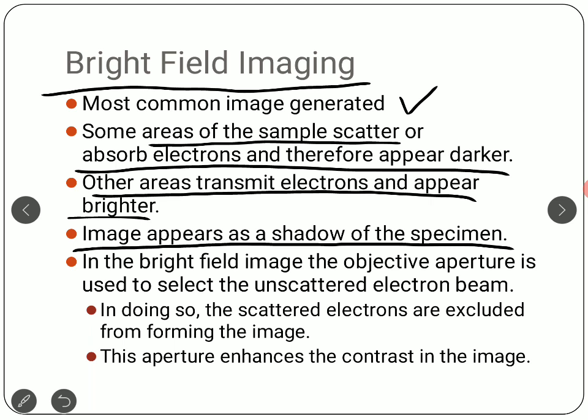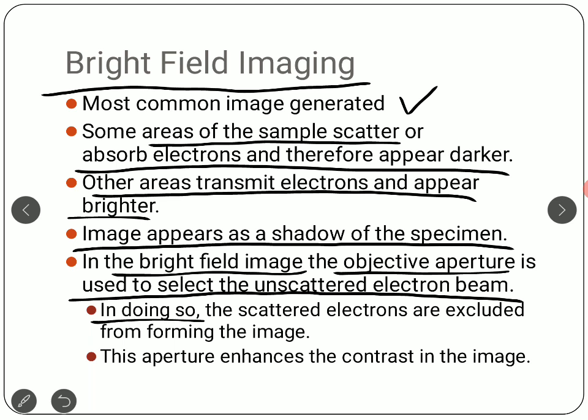So in bright field image, the objective aperture, we have seen the construction of a transmission electron microscope. There the objective aperture is basically used to select the unscattered electron beam. More importance is given to the unscattered electron beam, because these electrons will fall on the photographic plate and form a bright image.